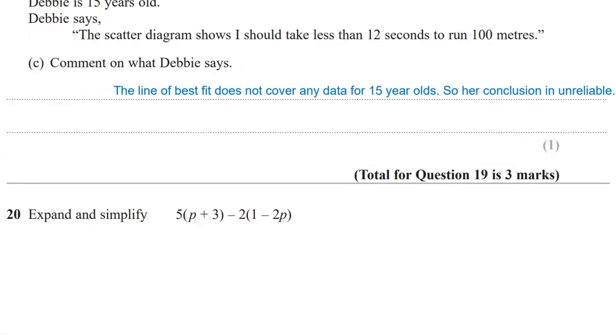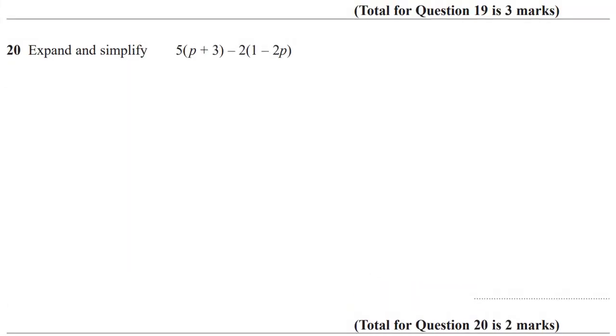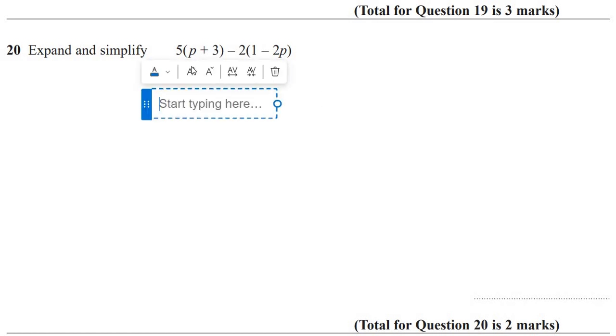Okay, now let's see. The next question is expand and simplify. Right. So this should be quite easy. So you first multiply 5, and so you're going to get 5p plus 15, and then minus 2.